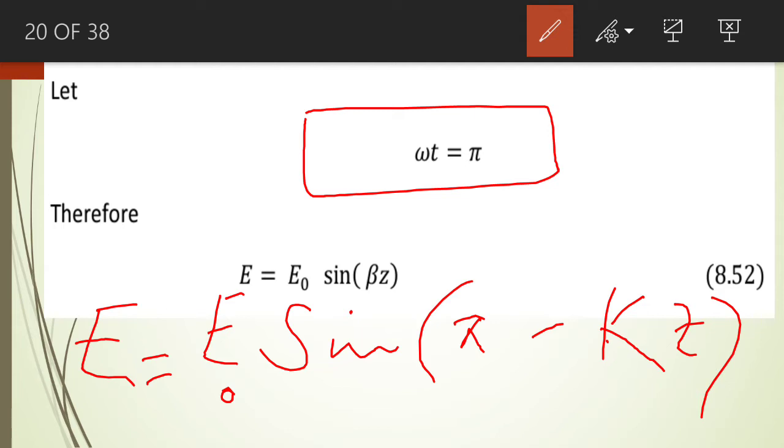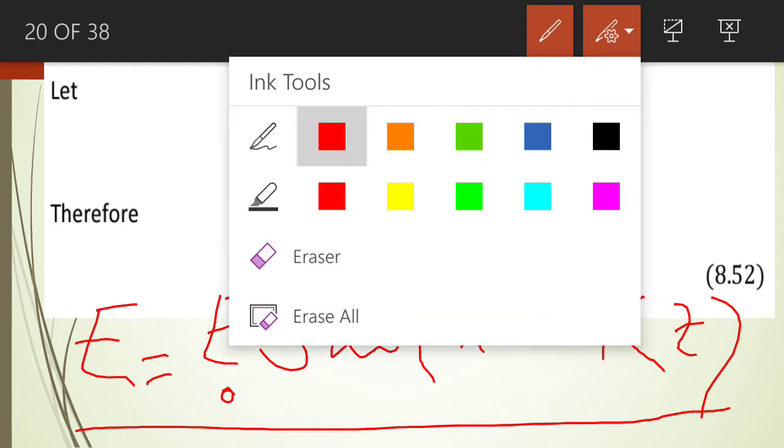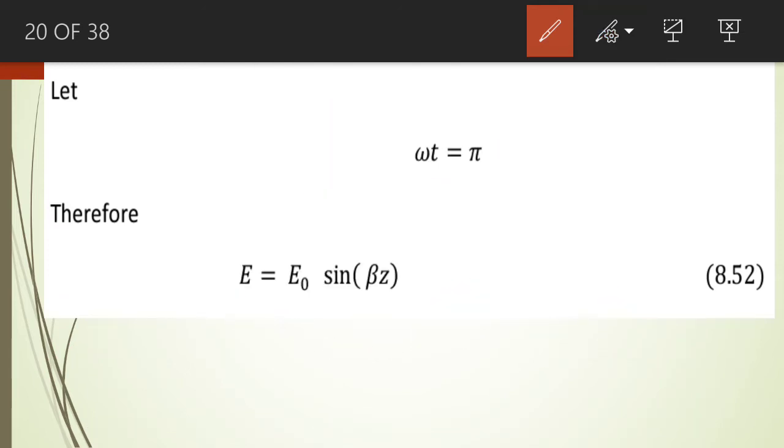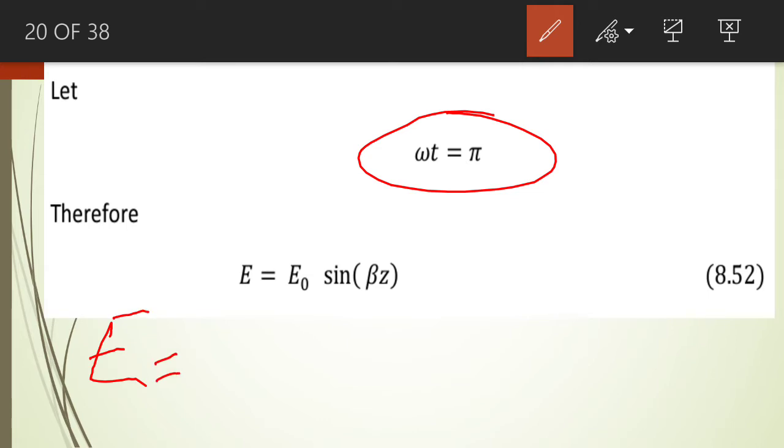If we simplify this equation, we get equation number 8.52. If we put the value of omega t in equation number 8.51, we get the magnitude of the electric field intensity equal to E naught into sine of k z.